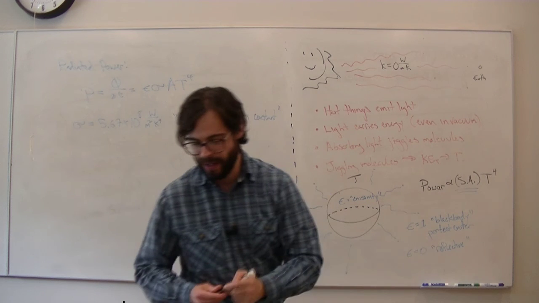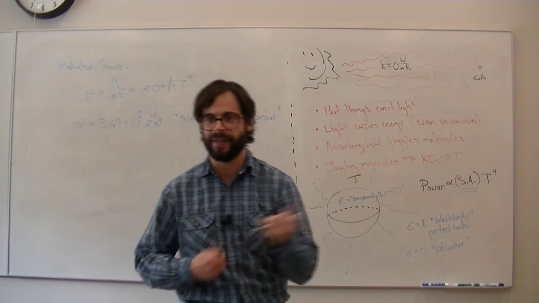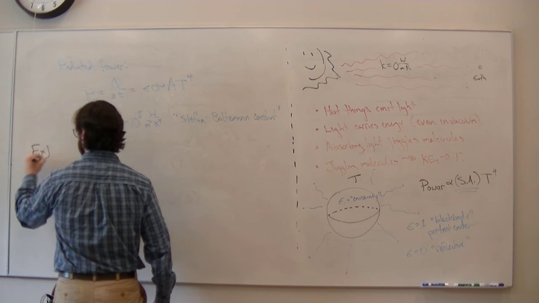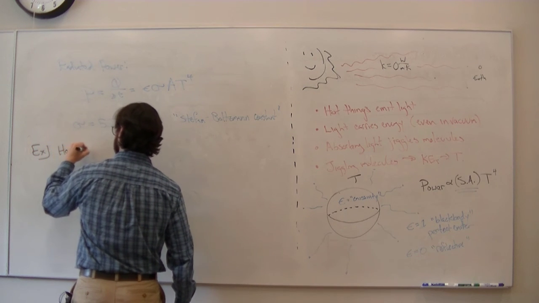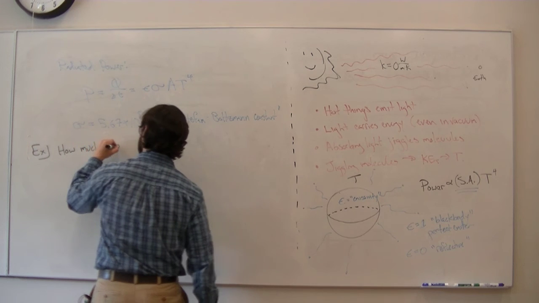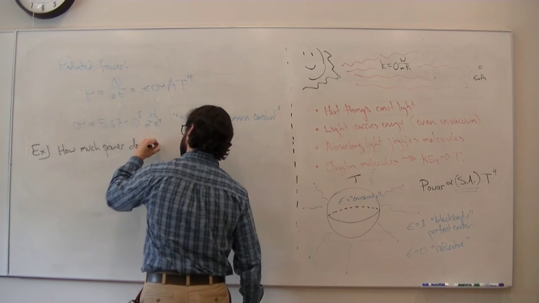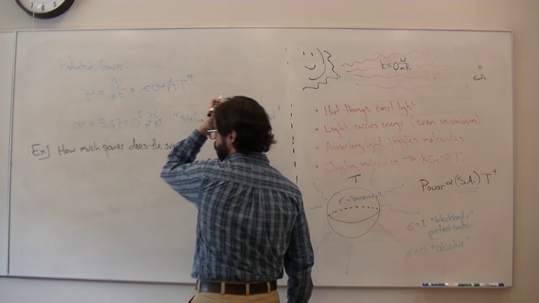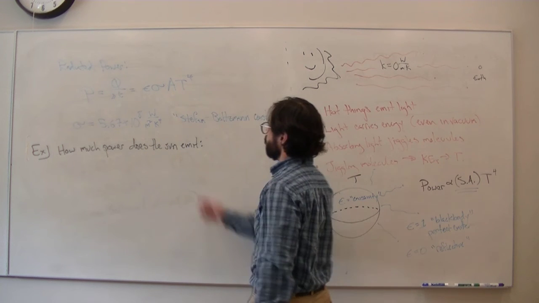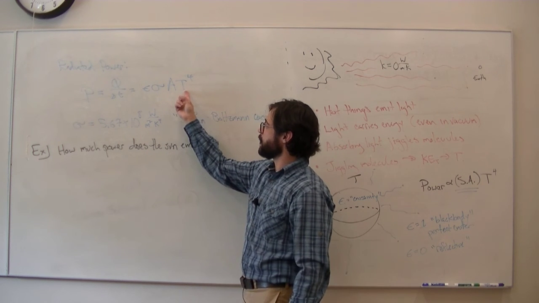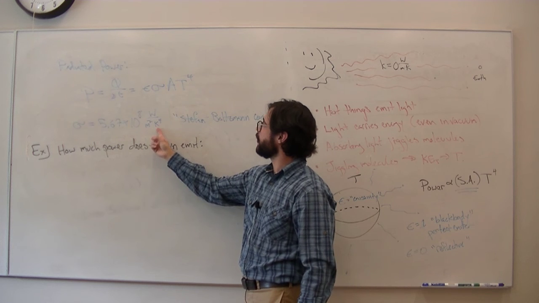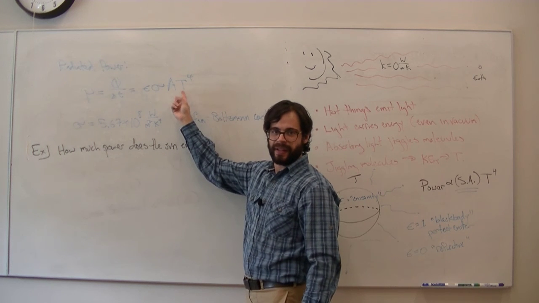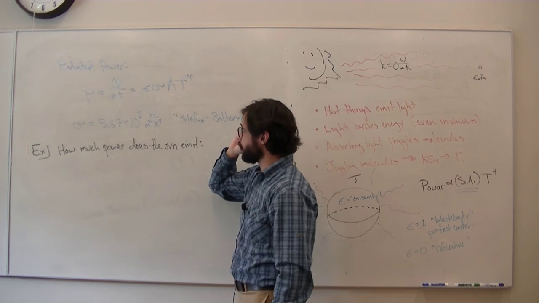So let's actually do this for the sun. How many watts do you think the sun is pumping out? Okay, the important part is that this is absolute temperature, so there was no C there. This needs to be in Kelvin. It's not like ice is not emitting photons, it actually is.